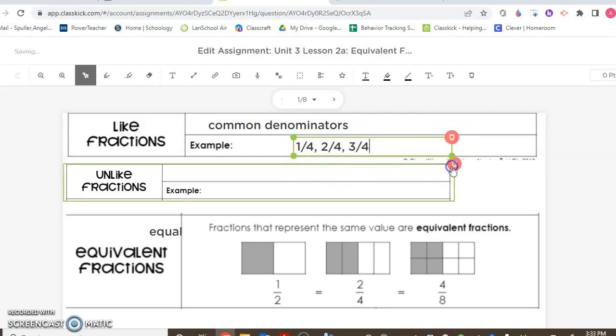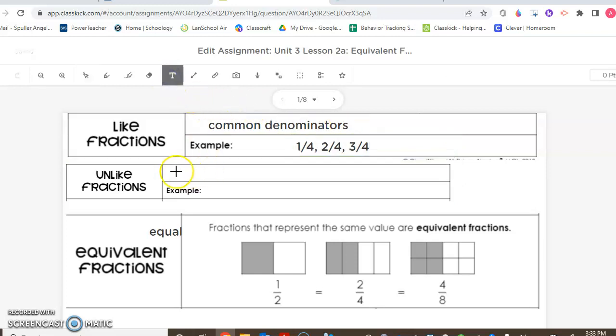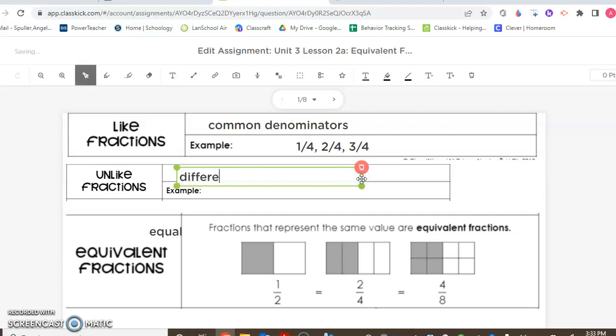Those are all like fractions because they have a common denominator. Okay, an unlike fraction has different denominators. Okay, examples of this would be like 1/2, 3/4, 5/6. Those are all unlike fractions because the denominator is different.